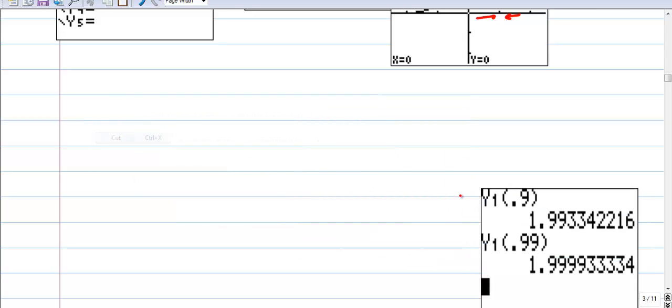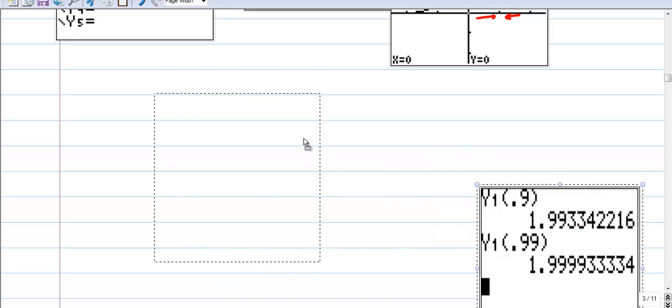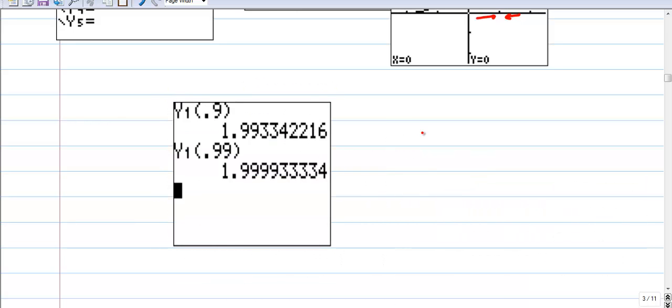Eventually it's just going to round to 2, even if you go out to 6 places. So this would be 1.993342, and here it'd be 1.999932. But you would just go on and finish it that way.